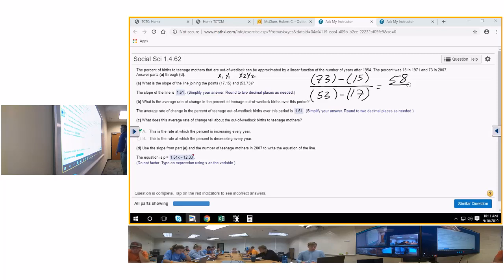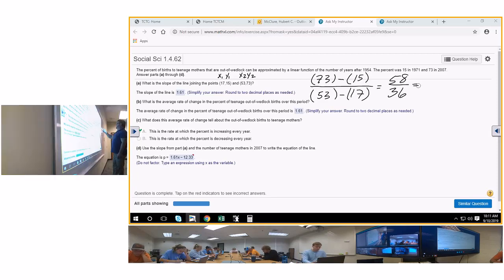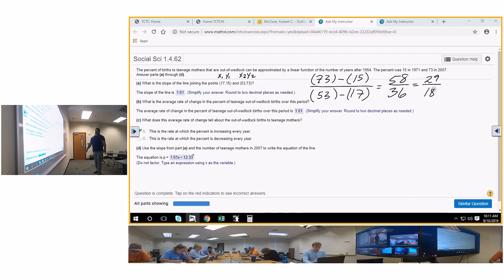Yeah. That's reducible, I think. 29 over 18? Somebody check my math, or give me a decimal. 1.61. So that's our slope.